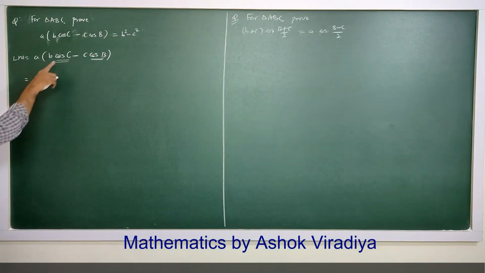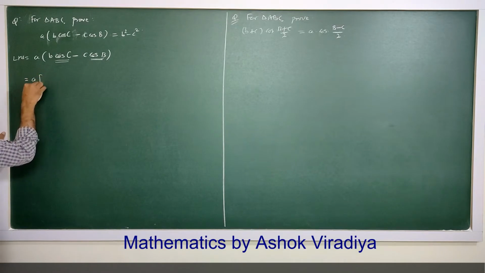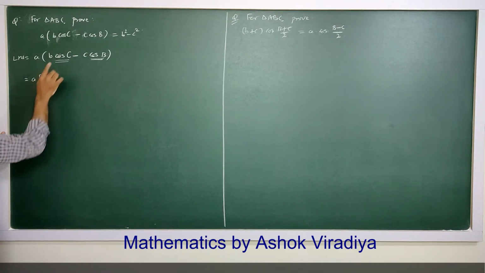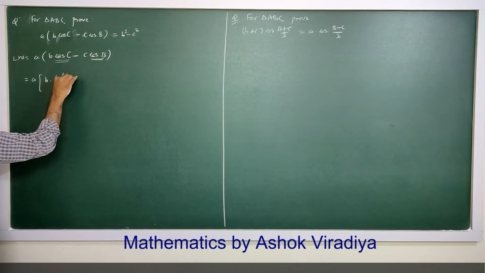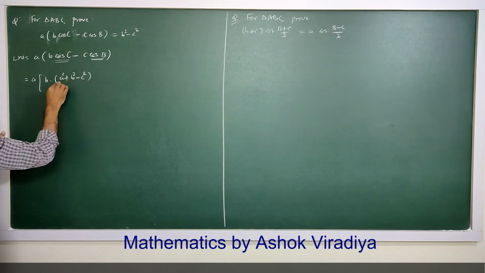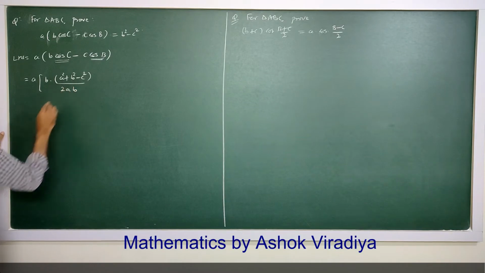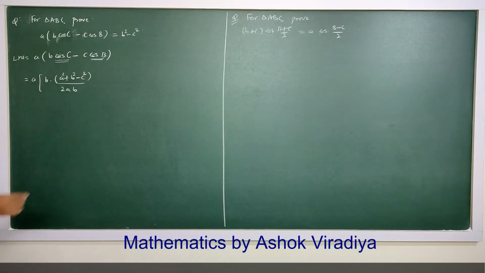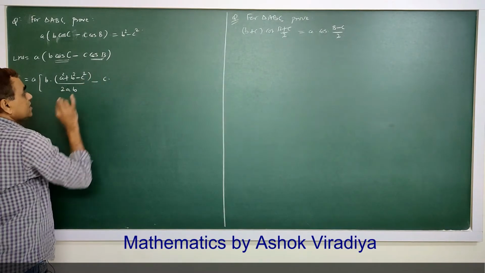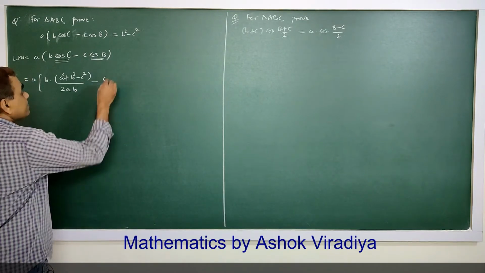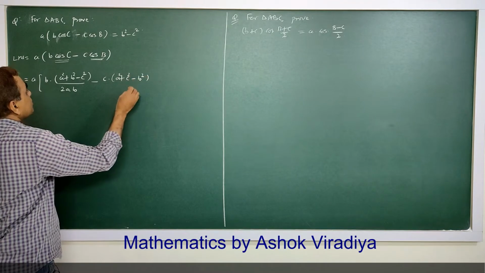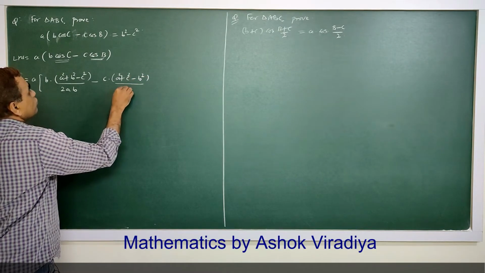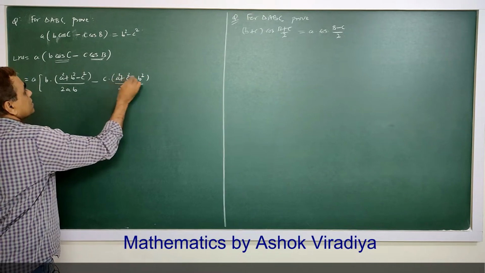So what we do here, using the cosine rule, a into b into cos C is (a² + b² − c²) upon 2ab, minus c into cos B is (a² + c² − b²) upon 2ac.